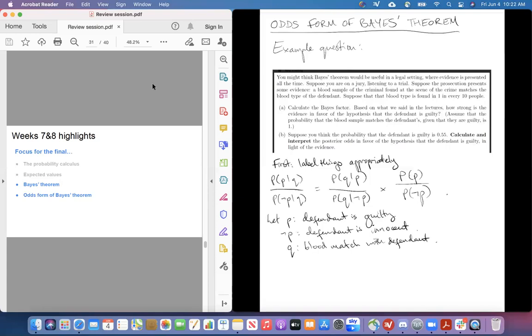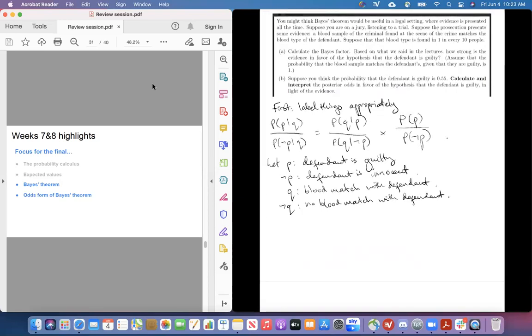That was the evidence presented by the prosecution, so blood match. So not Q will be no blood match here. So we start thinking about what we need here.